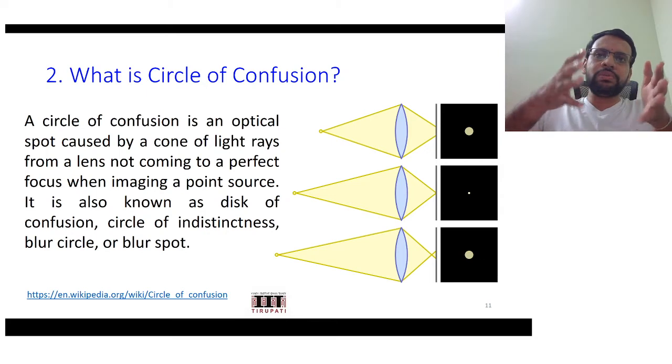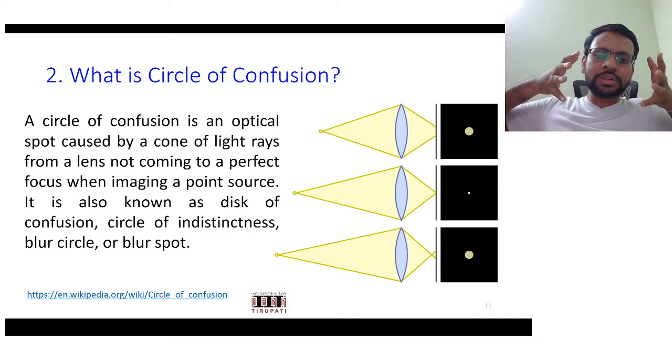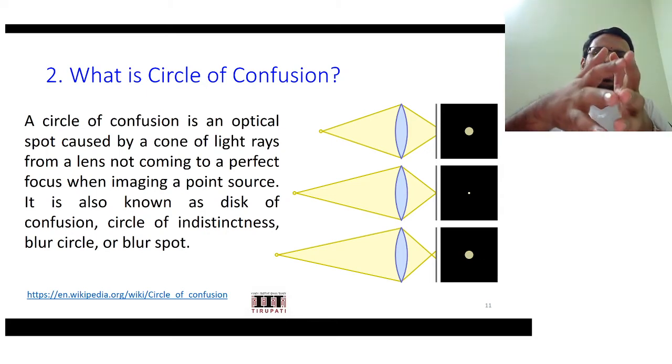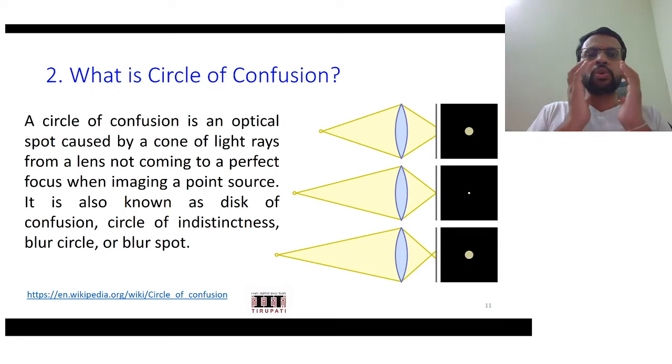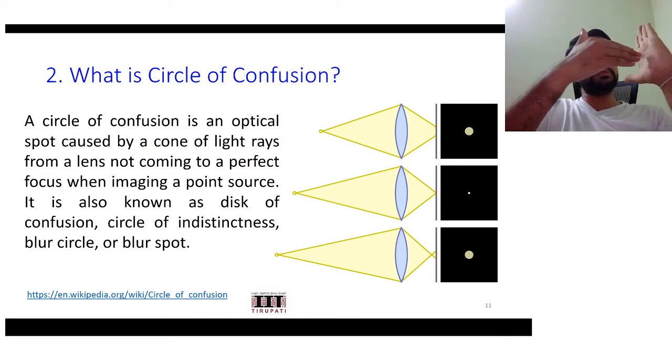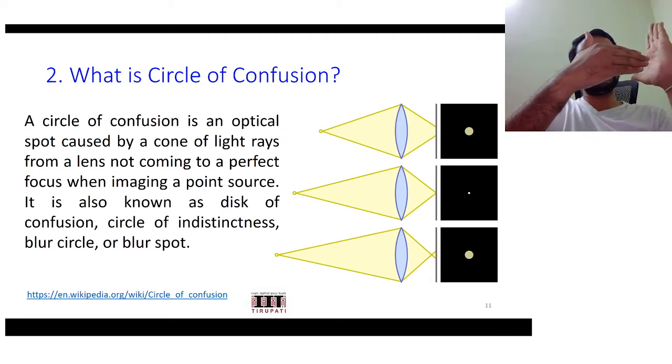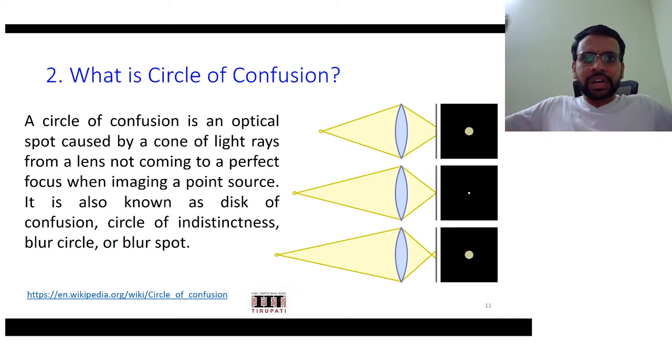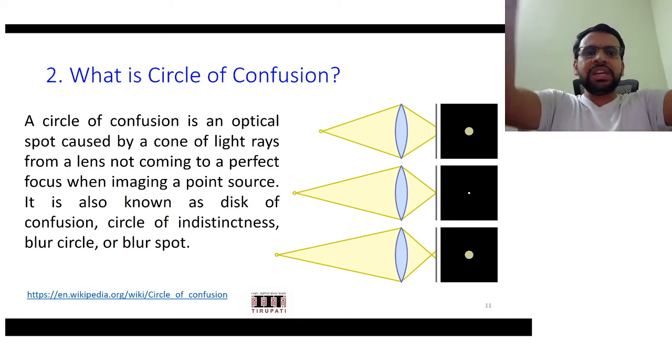You could see here, when you have a lens, the light coming out of it would form a cone beam of light. If you are taking that projected at the vertex, then you have a point, but after converging at that point, it will again keep diverging.